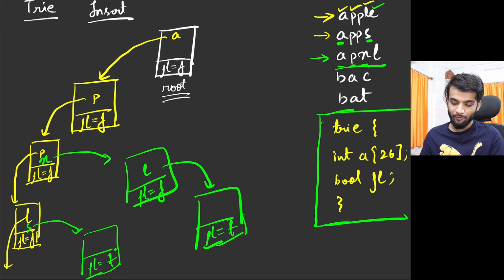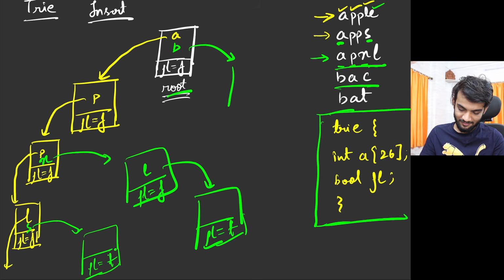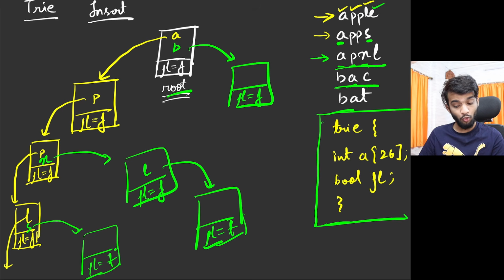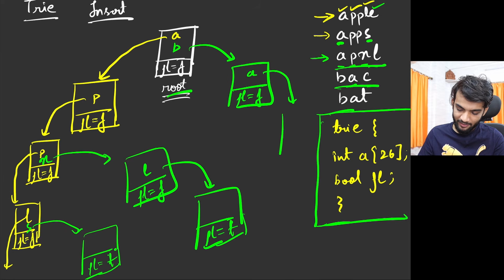Now for the next one, BAC, how will that get inserted? On the root, do we have a B? No. Insert B, create a reference trie and make flag equal to false. Do you have an A? No. Create an A, create the reference trie and make flag equal to false.